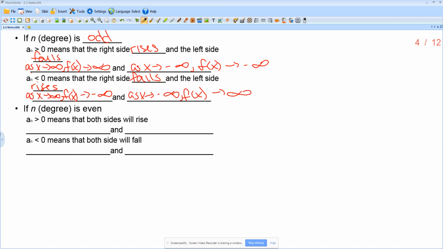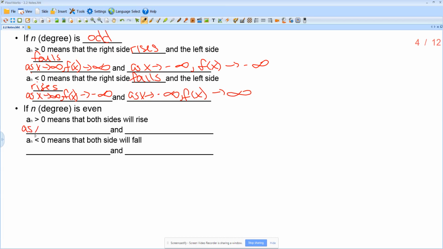Now, we also have what if the degree is even? So now we're thinking about something that looks sort of like a parabola. A sub n, that leading coefficient, being positive means that both sides will rise. You think about just your regular x squared. That's a positive leading coefficient. Both sides rise.